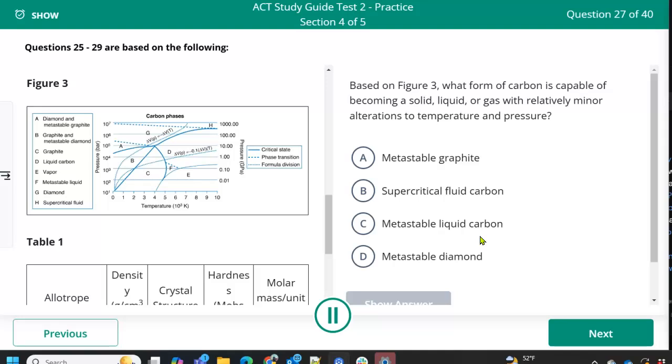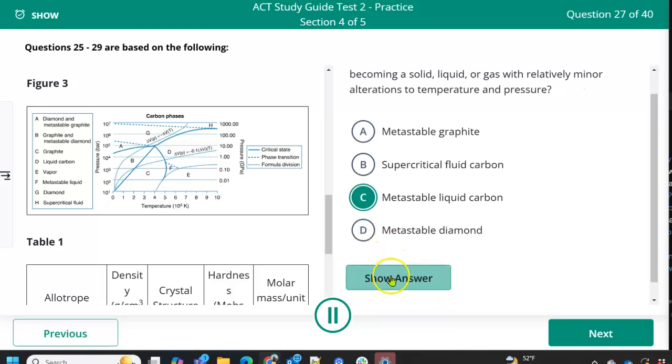I don't know what else to call it. I guess you could go the other way and say the metastable liquid could also go to a gas, a solid, and liquid carbon, but that still doesn't change the answer. So I'm going to have to go with that one.